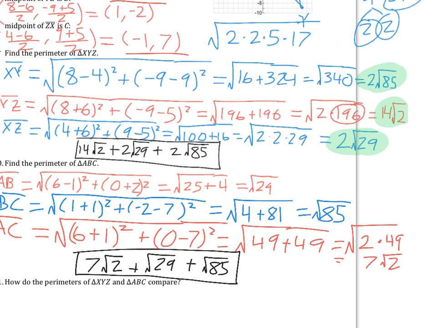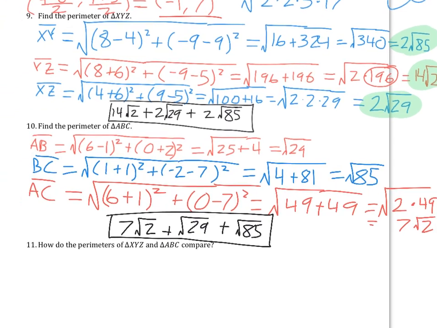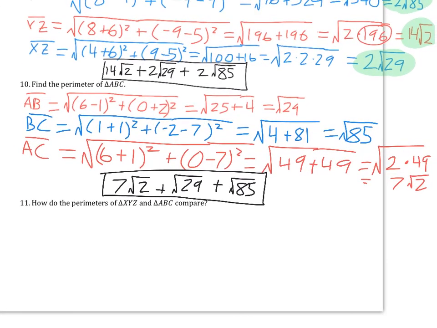Alright, so that leads us into our next and final question. How do the perimeters compare? Well, we already noticed that these numbers are all half of those numbers. So the last thing I'm going to write is the perimeter of triangle ABC is half the perimeter of triangle XYZ.